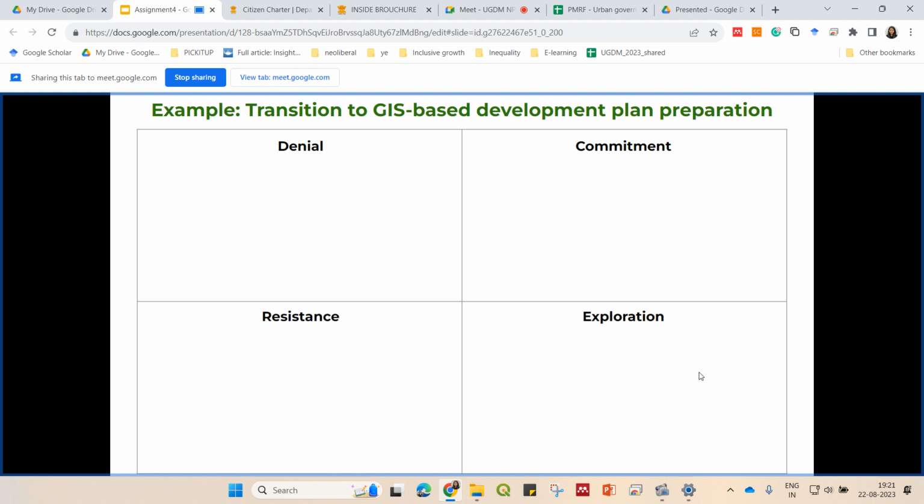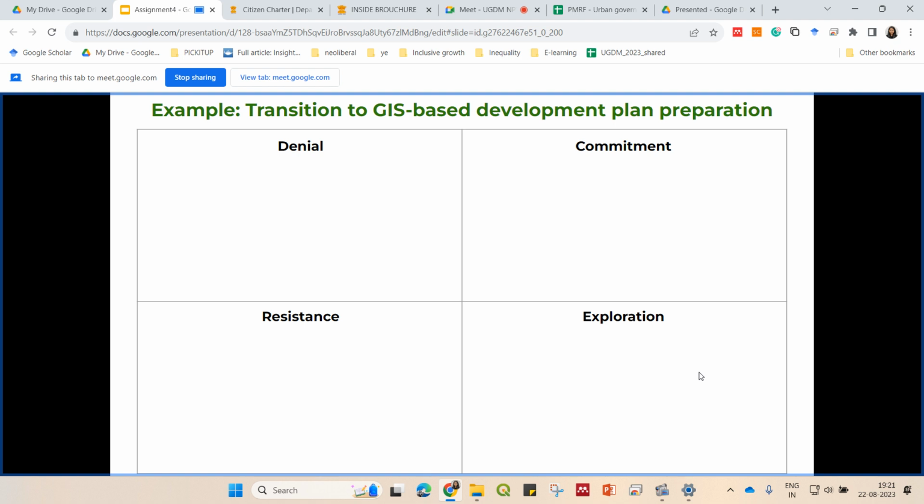Earlier you were using plan preparation methods which did not involve GIS-based plan preparation techniques, but now you will be tasked with integrating GIS-based development plan preparation techniques. So this is something which your organization or your team will have to transition towards. So the transition objective would be to transition to GIS-based systems for development plan preparation.